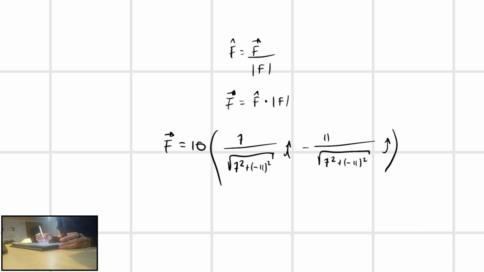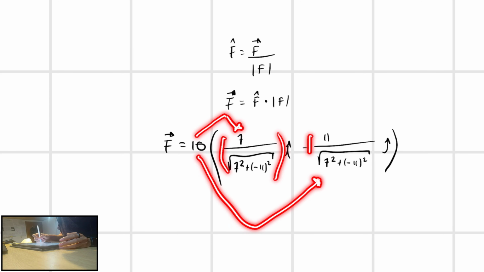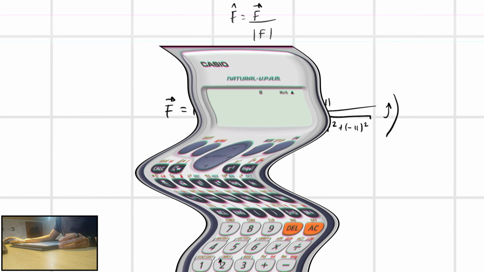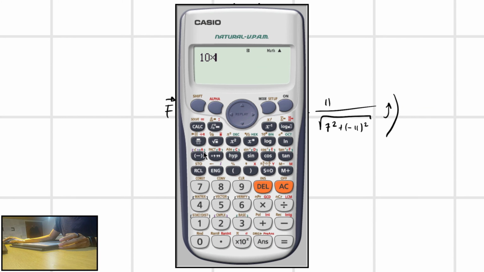All we have to do is multiply this 10 by this part of the equation, and then this 10 by this part of the equation. So 10 multiplied by 7 divided by the square root of 7 squared plus (minus 11) squared.